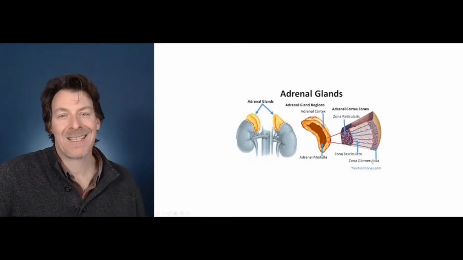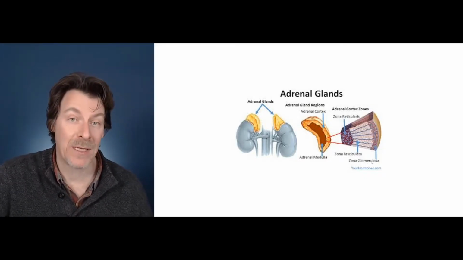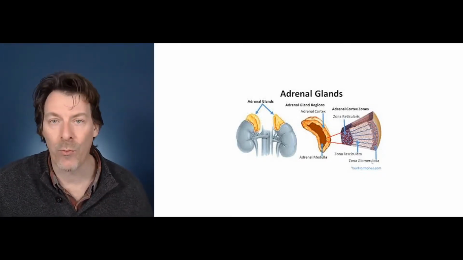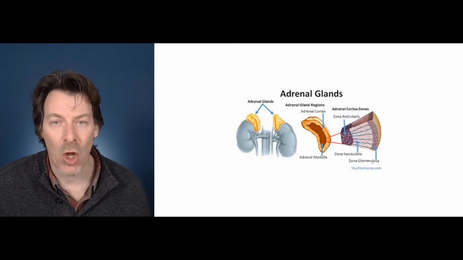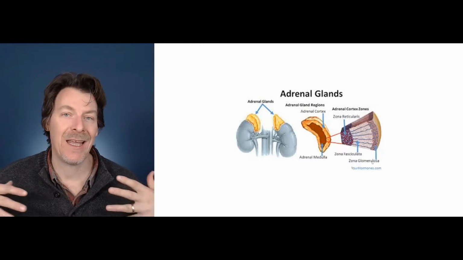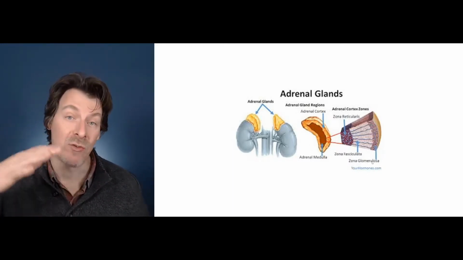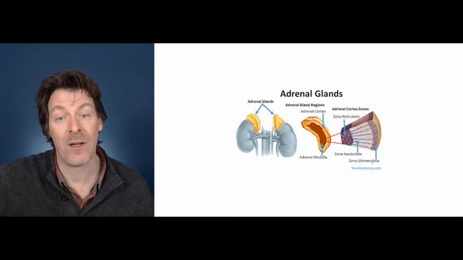Now, aldosterone has a slightly stronger impact on sodium than it does on potassium, but I wanted to walk through the physiological actions of aldosterone on sodium and potassium because it lends itself nicely to one of the patterns that we look at for adrenal insufficiency and also adrenal stress.